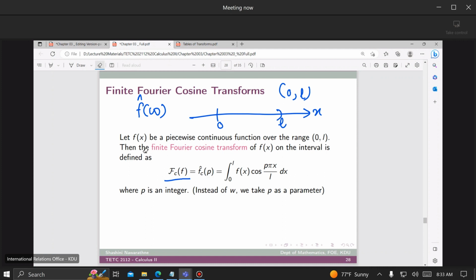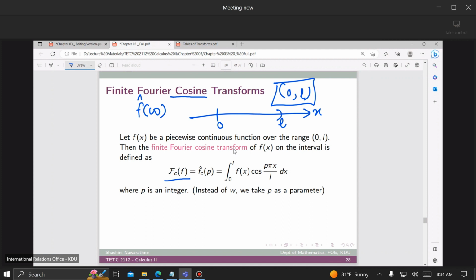Earlier we considered the integration from minus infinity to infinity, but here we consider only the finite interval from 0 to L. We integrate from 0 to L of f of x times cos of p pi x over L, with respect to the variable x.